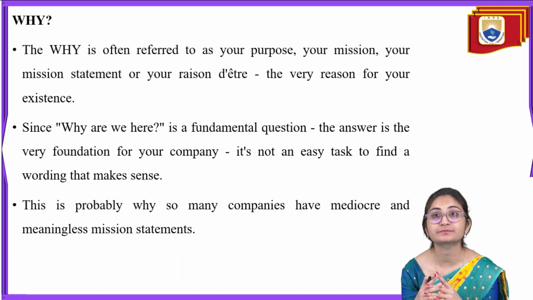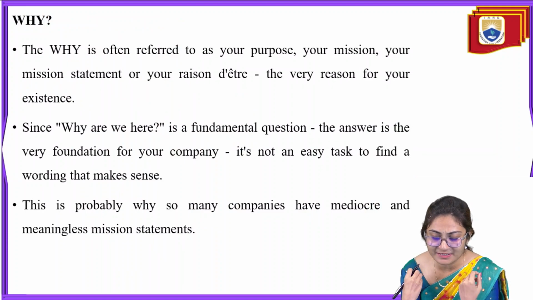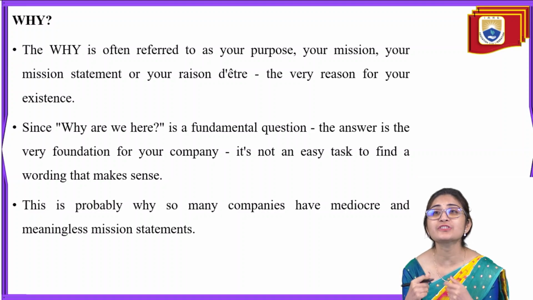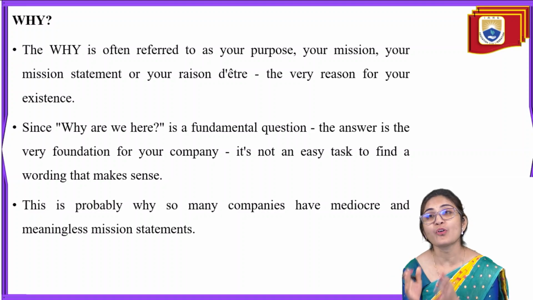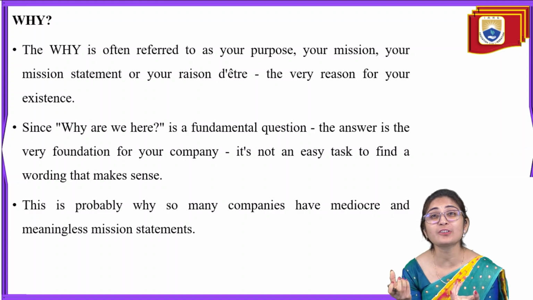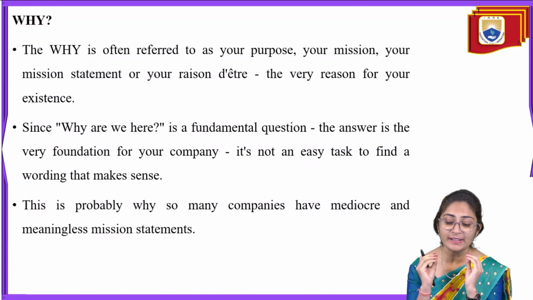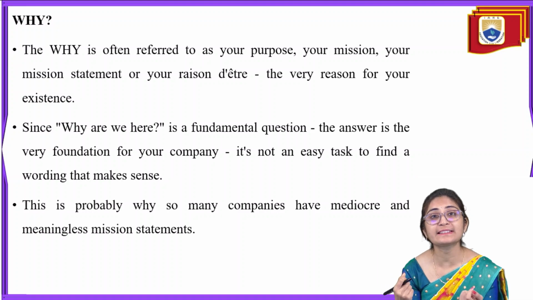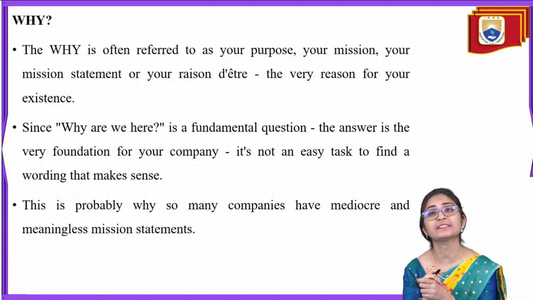First, why? Why is generally showing what is your purpose? What is your mission, your mission statement, or your reason? So here we are finding out the reason, since why are we here?